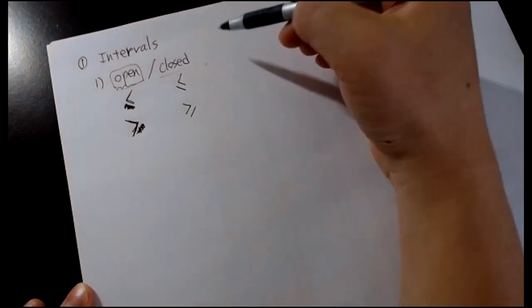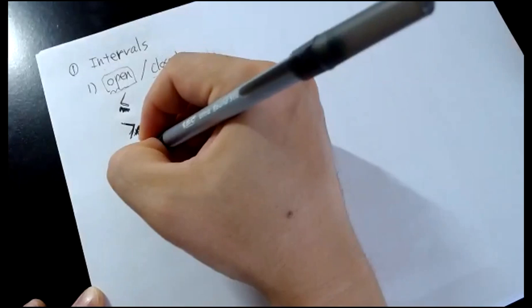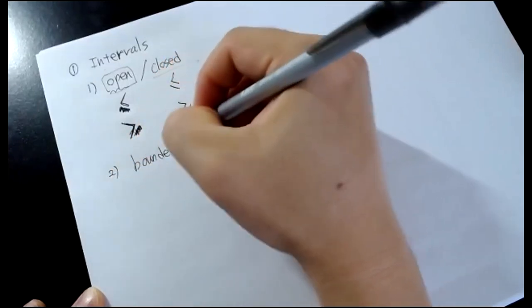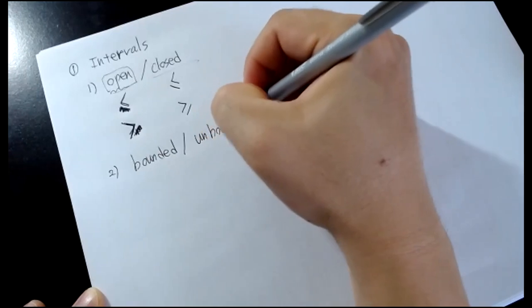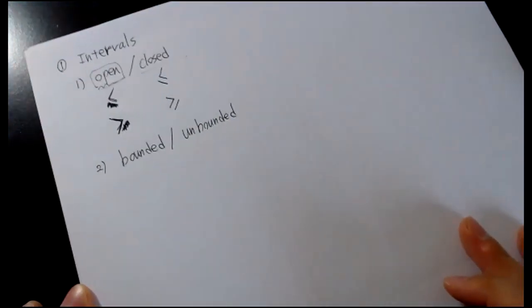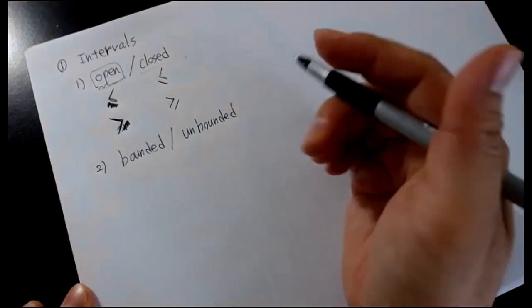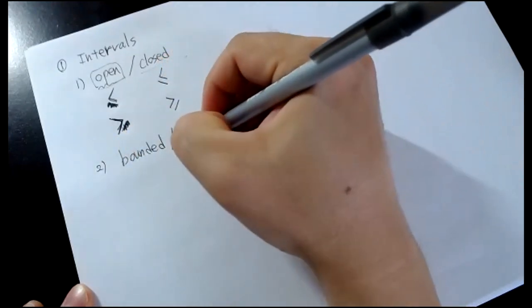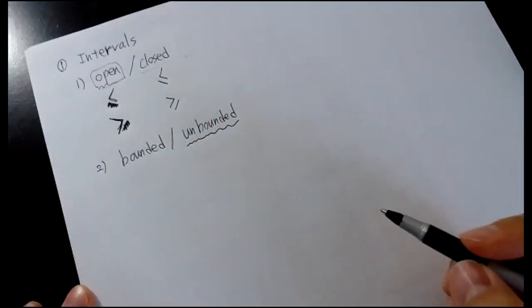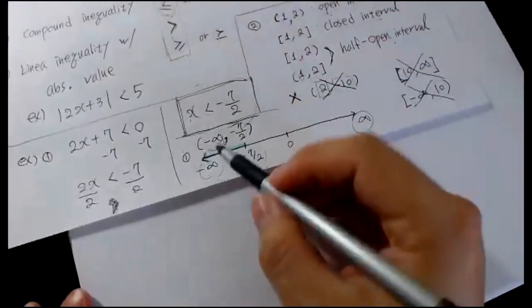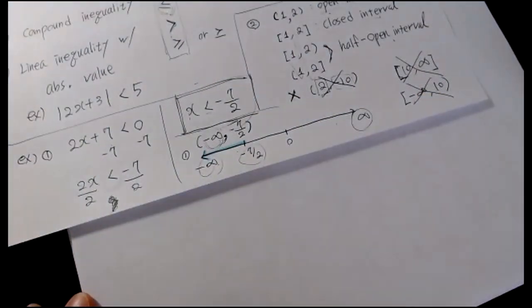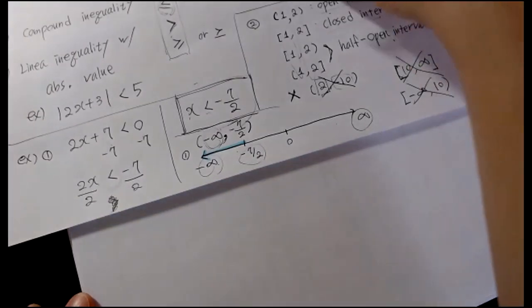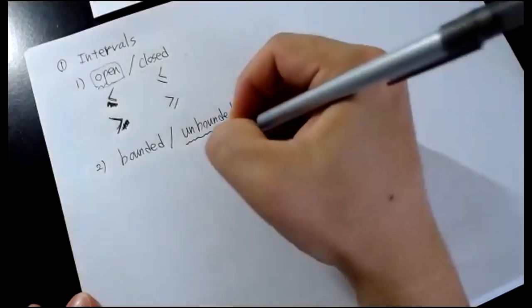Okay, so next one: bounded and unbounded intervals. Let's explain unbounded. Like in this example, if negative infinity or infinity is involved in the interval, then those intervals are called unbounded intervals.